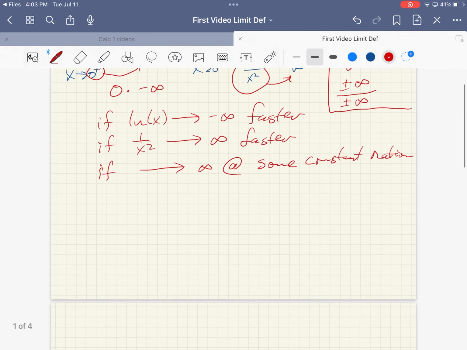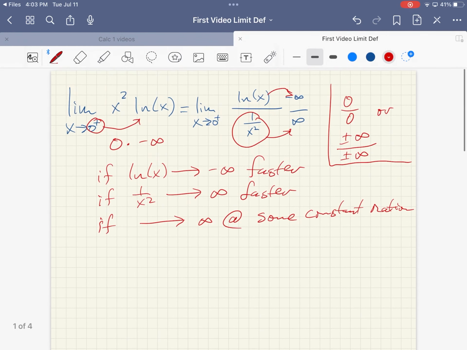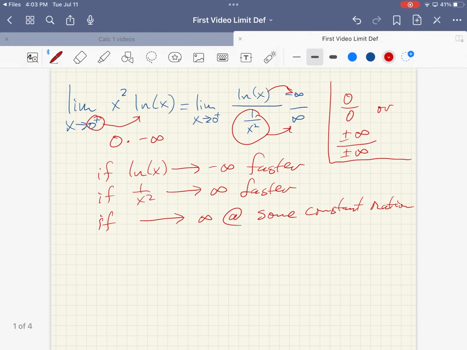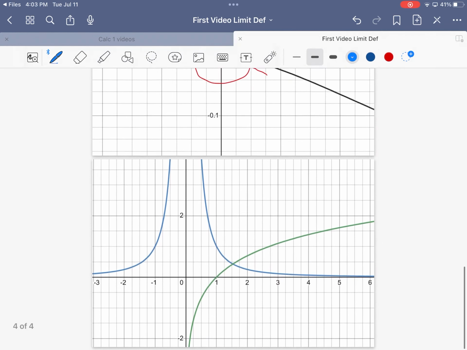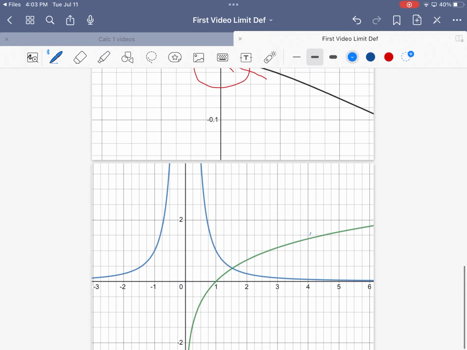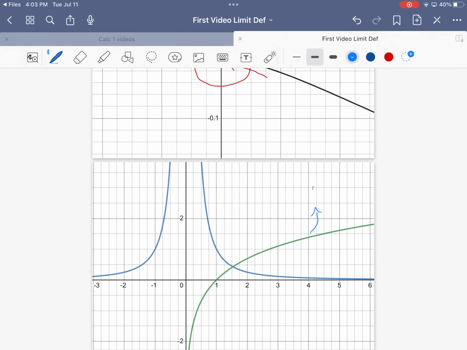Okay, now if we go back to this, that means we think, okay, if the whole thing is getting close to 0, that means we think that the denominator is faster, because if the denominator is faster, then the fraction's getting smaller. So we think that's the case. All right, so let's look at these as individual functions. So notice here, this is natural log of x, and this one here is 1 over x squared.